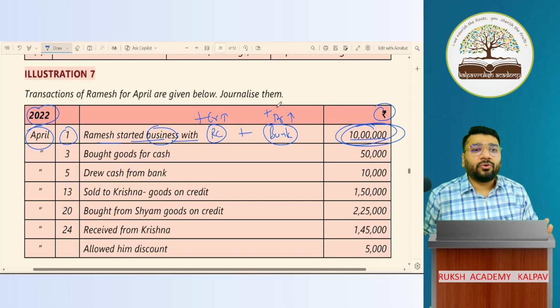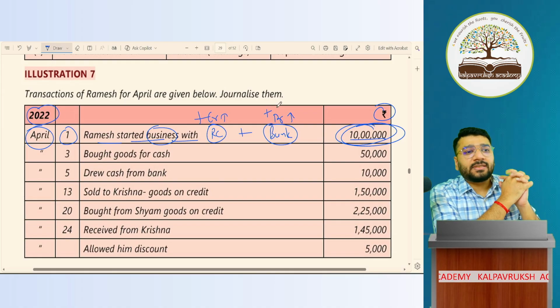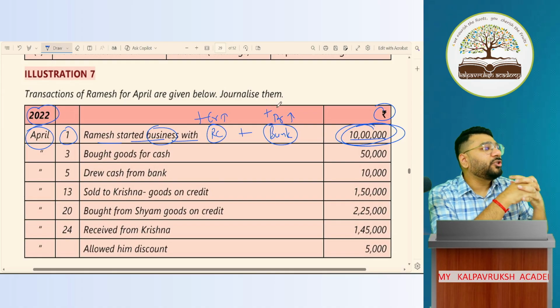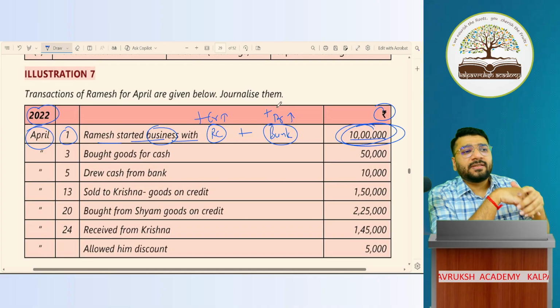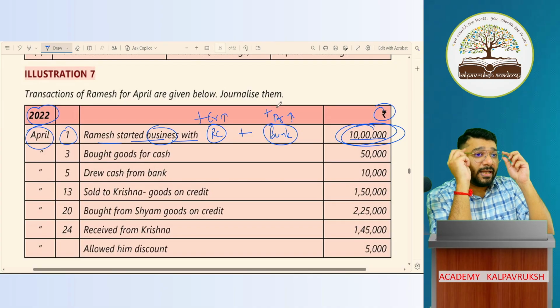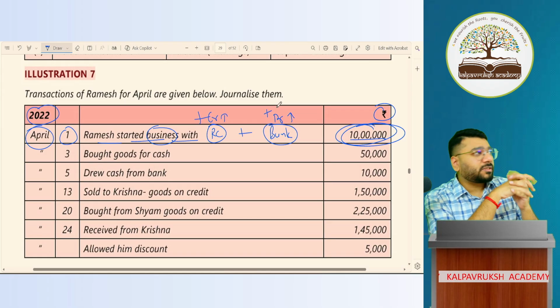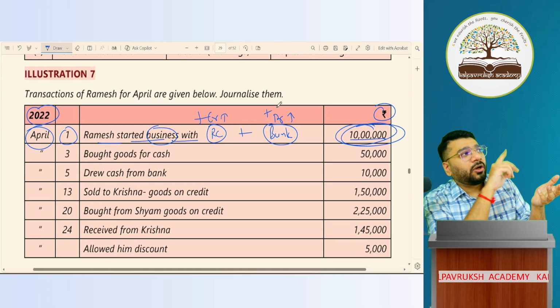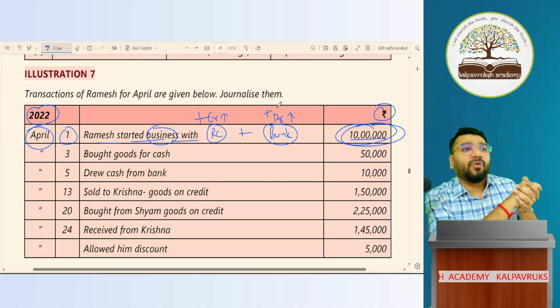See, sometimes what happens, there are some corrected answer sheets circulating in social media, on YouTube or Instagram or Facebook. Some teacher will take some random student's corrected answer script and circulate it on social media, telling that, look, this particular student did not draw the T-shaped ledger format, still he got full marks for it.